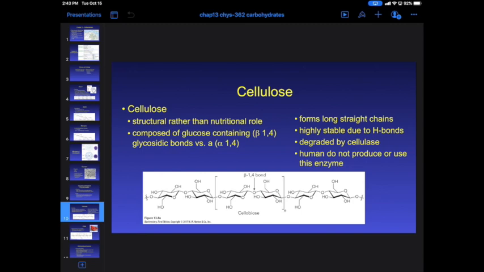It becomes structural. It's very strong. But why in the world is one nutritious and one roughage? Why can't we break it down? We don't have the enzyme.